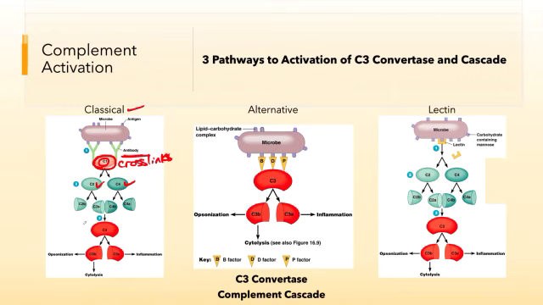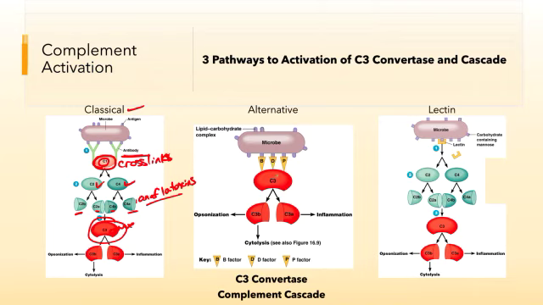When they split, they become parts A and B. C2b and C4a are what we call anaphylatoxins, and these anaphylatoxins will enhance inflammation. They go out and are part of the inflammatory process. C2a and C4b will come together to form C3 convertase, and that's what we're looking at right here. So we get activation of C3 convertase, and this then sets off the complement cascade.